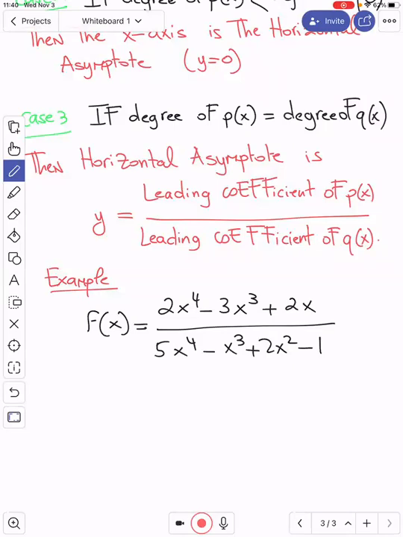And let's say I want to find the vertical and horizontal asymptotes.